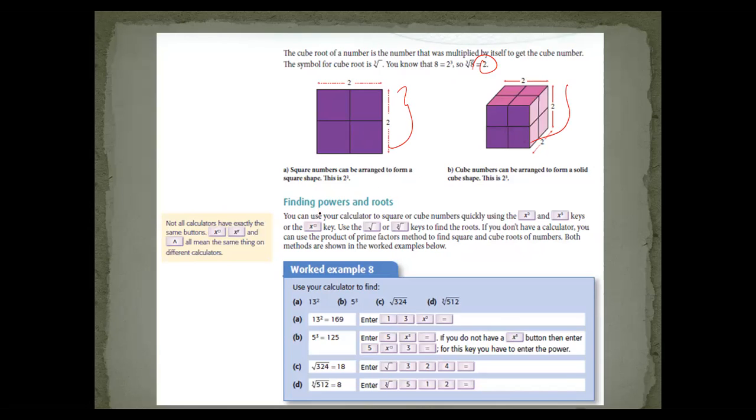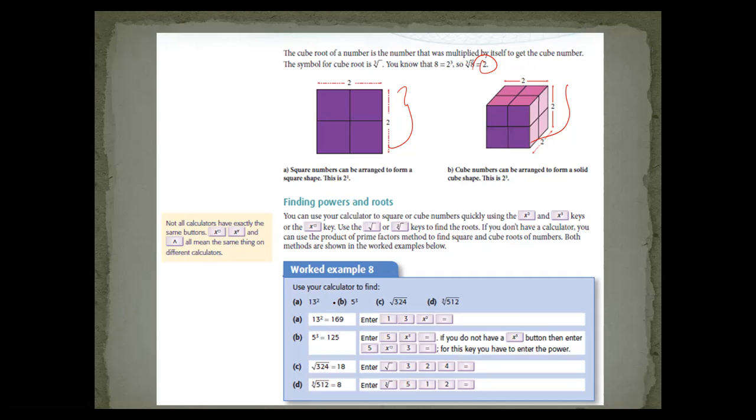Okay, and finding powers and roots. You can use the calculator to square or cube numbers quickly using the x squared or x cubed keys. So worked example 8.